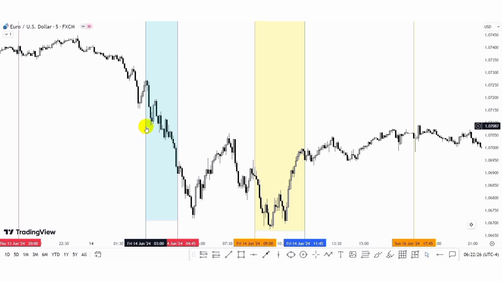And then from this particular blue line to this particular blue line is where we have the London session. Then from this particular orange line that we see here to this particular blue line is where we have the London and then the New York session overlap. And then from the orange line to this particular orange line here is the New York session.